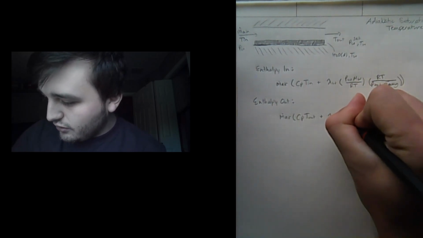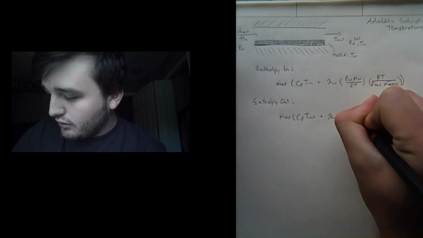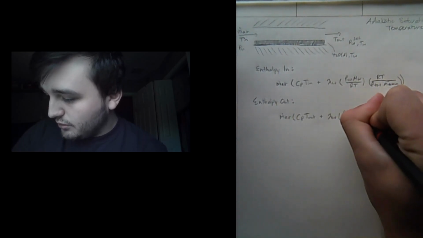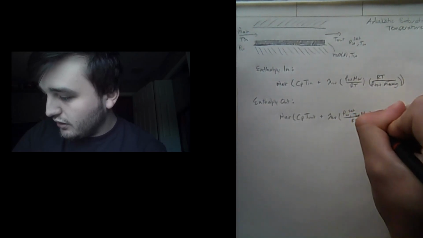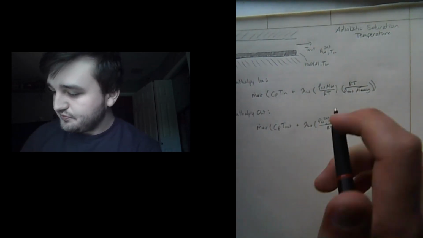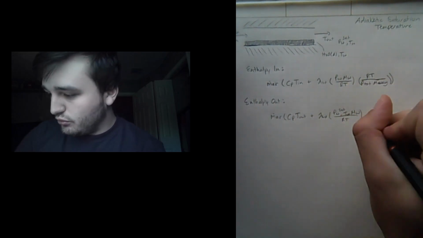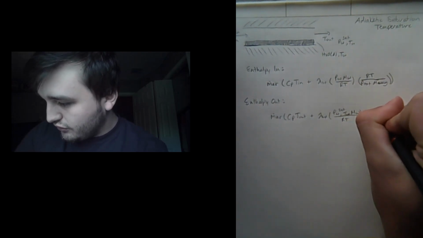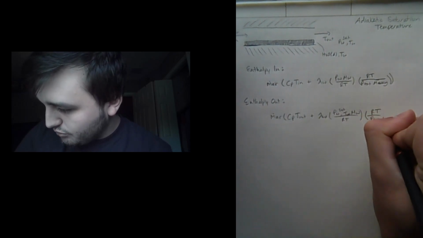So when it comes out, it's going to be the saturated pressure of water at the given temperature TW times again molecular weight, because we want kilograms, over RT. And again, that is going to give us kilograms for the entire system, and we don't want that. So we're going to multiply by RT over, again, the P total times the average molecular weight.